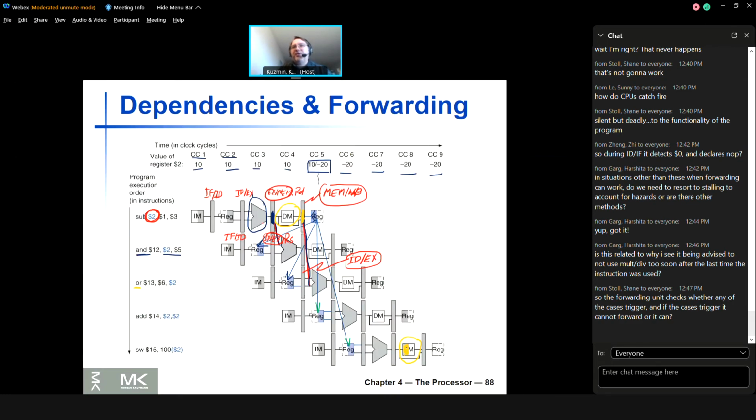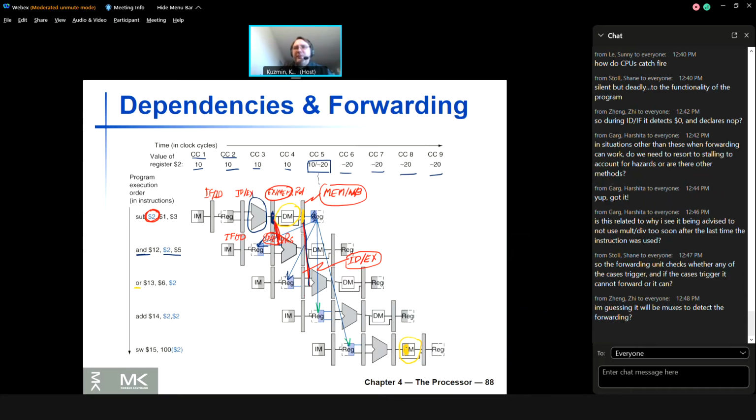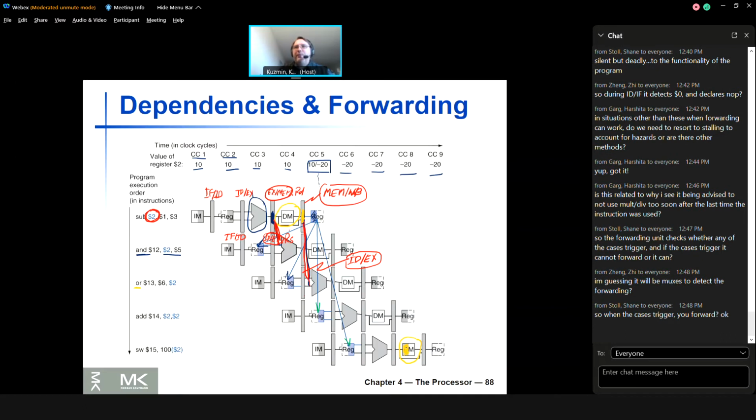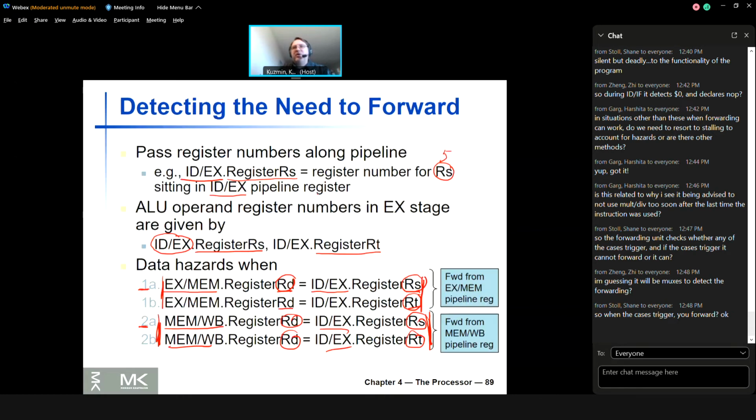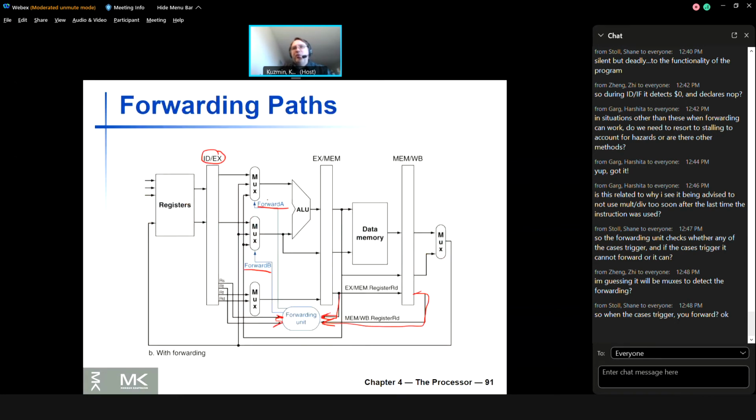They cannot happen at the same time. So between any two given instructions, we either forward here or we forward here. We cannot forward both for the same pair of instructions. So when the case is triggered, you forward. Yes, you're correct. So this forward A or forward B would be 1. And that means that we forward.